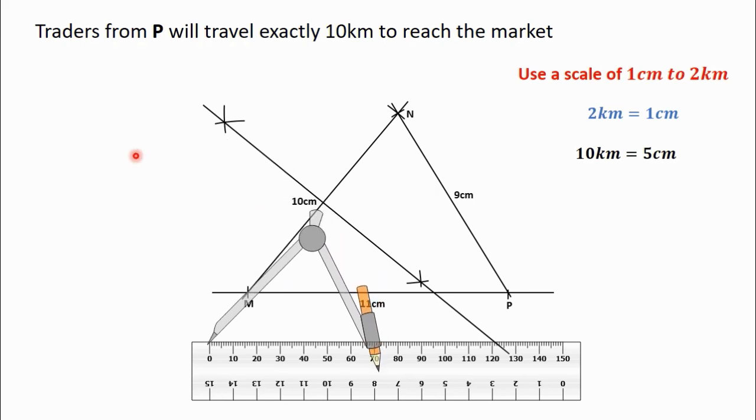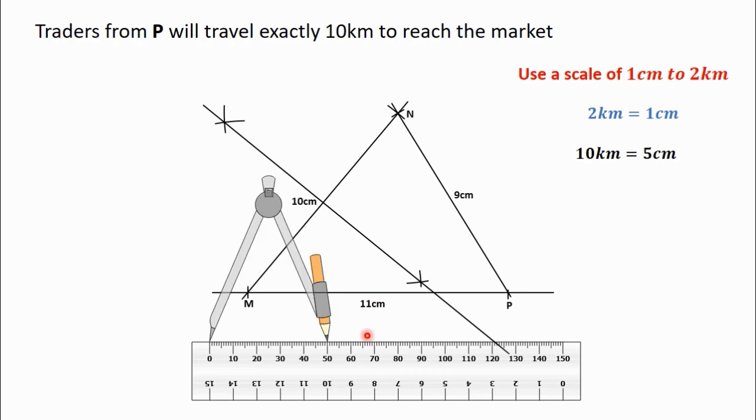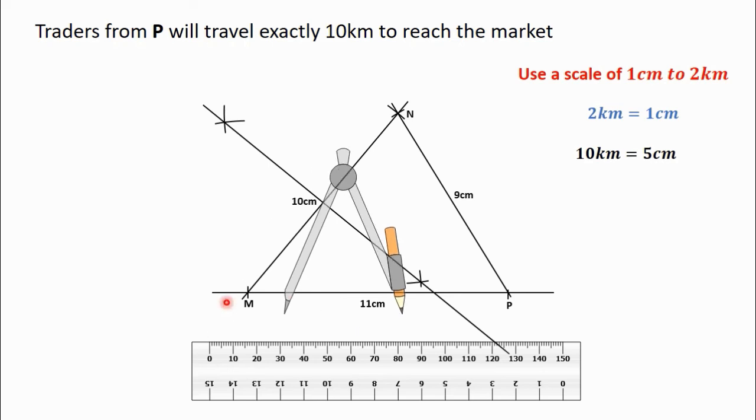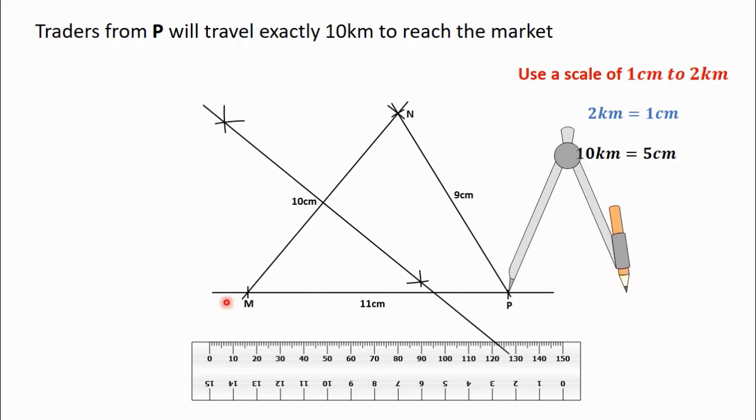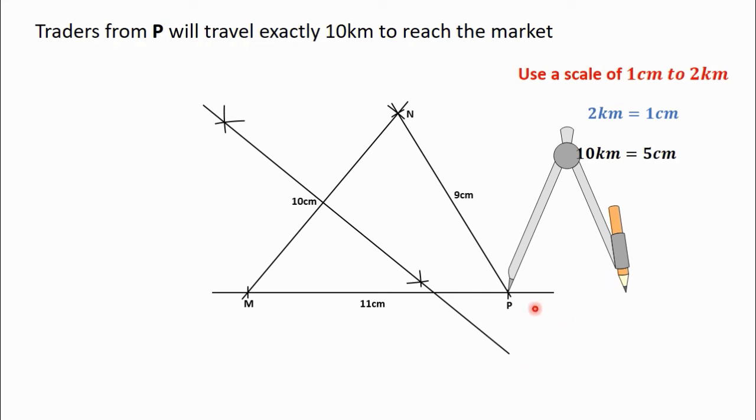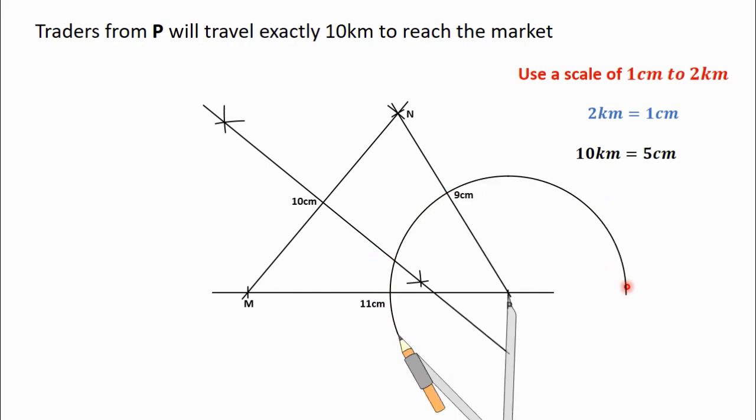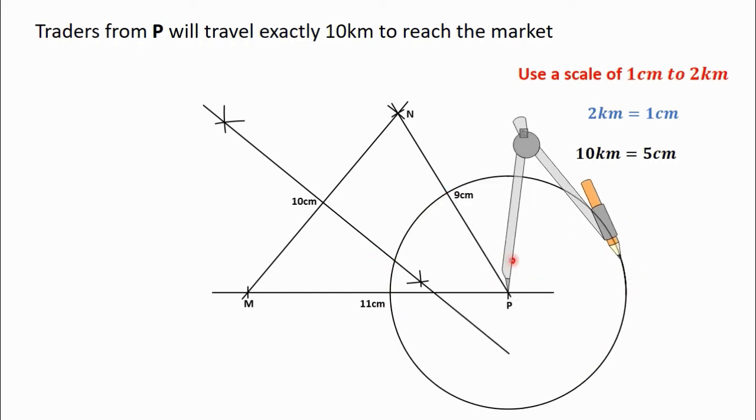So I'll put the needle of the compass on point 0, then I'll measure 5 centimeters, which will be 50 millimeters on my ruler. After that, I'll move the needle of the compass to point P. I'm going to take the ruler off so that we can construct the circle. The needle of the compass is on point P, so I'll turn the compass and construct the circle.